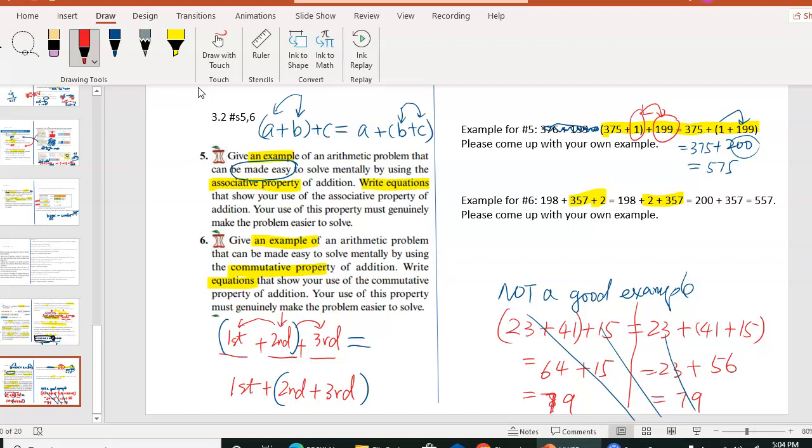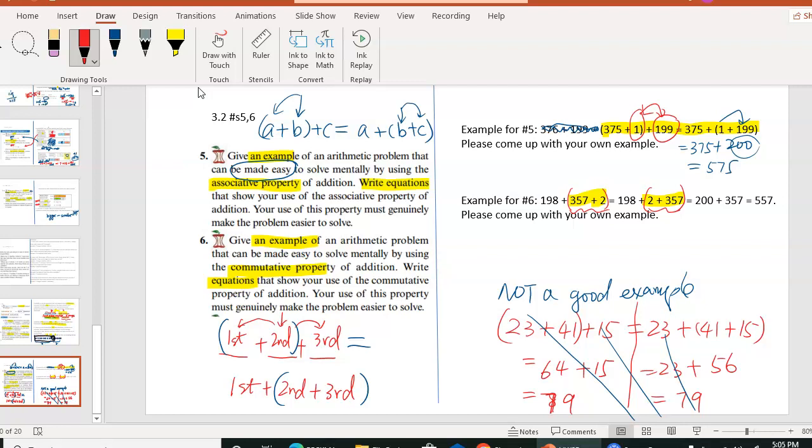We switch 357 and 2, these two numbers. Technically there's associative property involved, so we try to add these two, but when we add these two, we switch 2 and 357. Once we switch the numbers, it's called the commutative property. So this step from here to here, we use the commutative property.